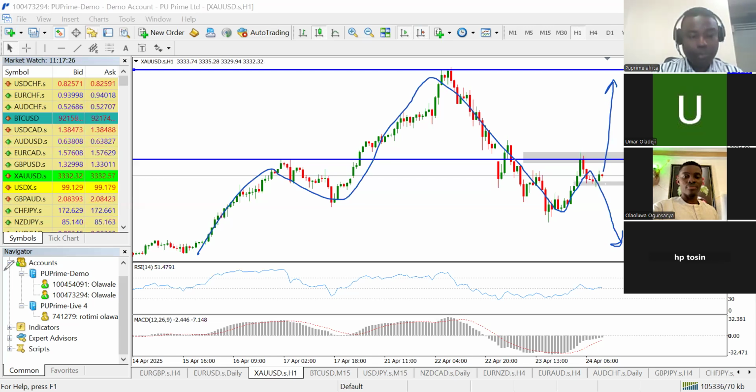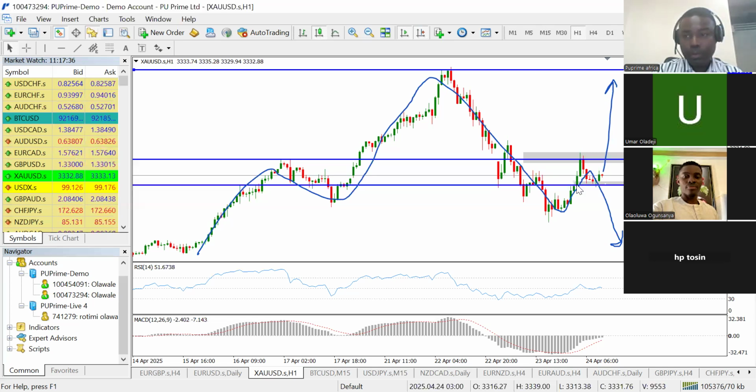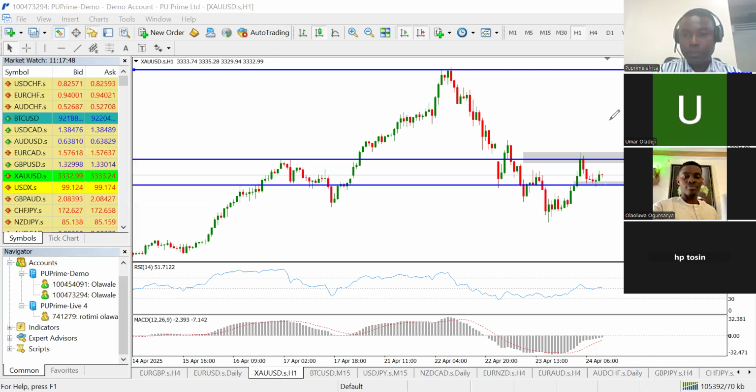So a breakout above 3,357, we see price go higher, and a breakout below 3,317, we see price drop lower. So we can advise our clients on that. That's the range we're looking at on gold.